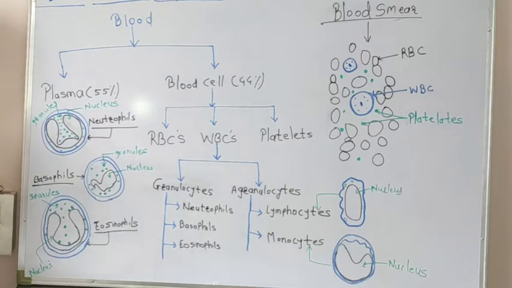Leukemia is one type of blood cancer, and in blood cancer the WBC number increases infinitely. They continuously increase and multiply their numbers, and this stage is called uncontrolled growth or uncontrolled count of WBCs. At that time leukemia, that means blood cancer, is caused.